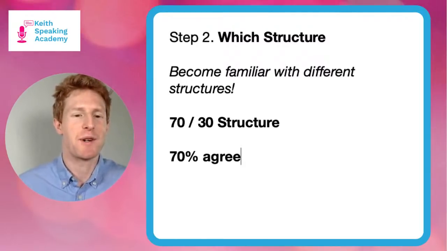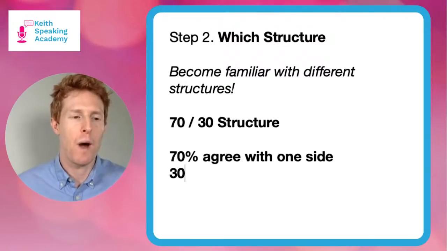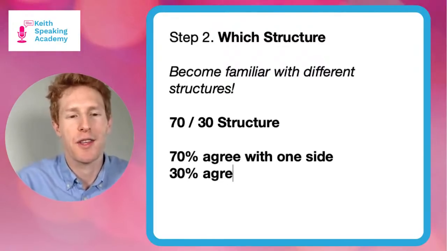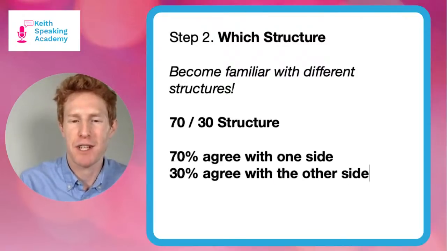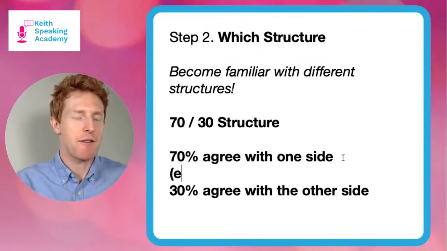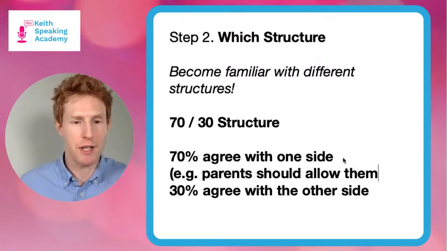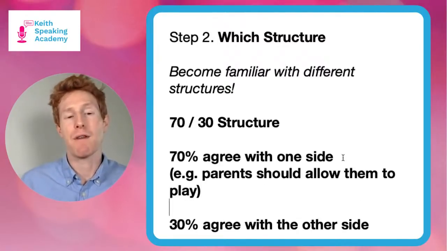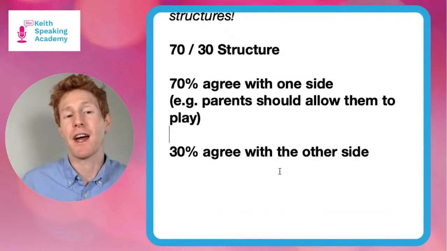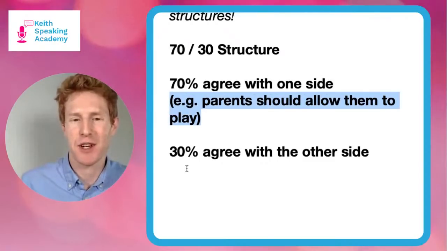So, for example, in this particular question, we have whether parents should allow their children to play video games. So you could say, yes, 70%, I think they should. However, 30%, so the side that you don't fully agree with, you could say, however, there are also reasons why I think they should not allow their children to play video games.